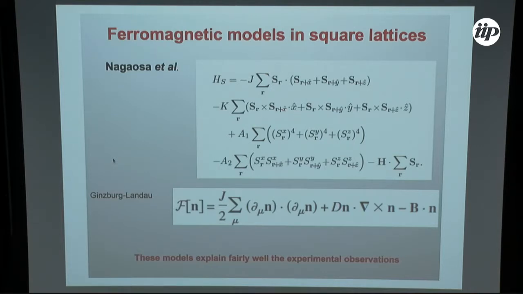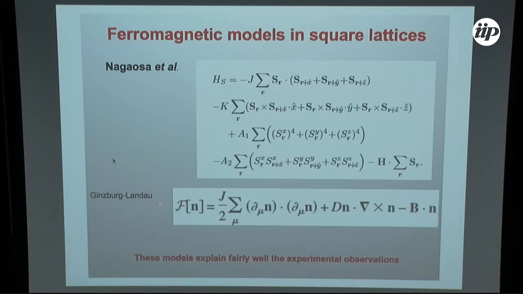and they point along x, y, and z, the unit vectors along the three directions. This is a typical expression of the Dzyaloshinskii-Moriya interaction in the cubic case, and in the square lattice it looks like that. These terms are related to some need for stability.